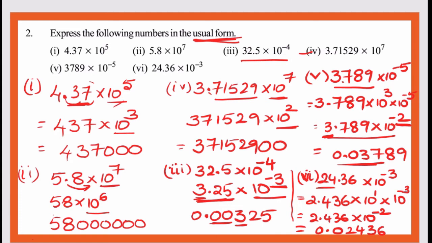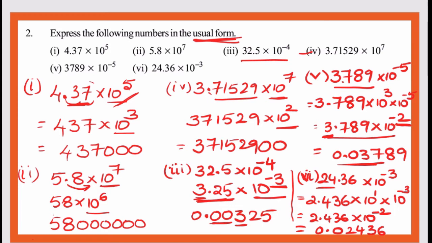So in this case, if you observe the 10 power 5 case, since after the decimal point we have two decimal places, because of those two decimal places, the number of zeros has been reduced to 3. So from 5 it has reduced to 3, right? So if you are having numbers after the decimal point, that many number of zeros will be reduced in the resulting answer.